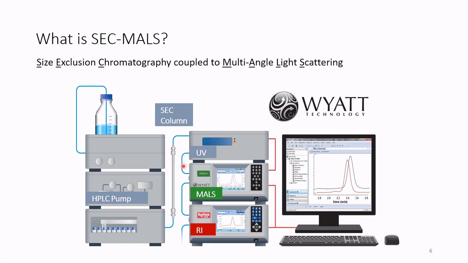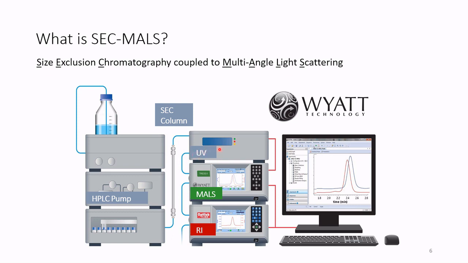But to get a more quantitative molecular weight, the samples pass into a light scattering detector. Our lab uses the Wyatt miniDAWN TREOS. It is a 3-angle light scattering detector which measures light scattering, and once that happens, our samples move into the RI, or the refractive index detector, also by Wyatt. It is the Optilab T-rEX system that we use in our lab. The RI detector measures refractive index and gives us the concentration of our proteins, similar to the UV.